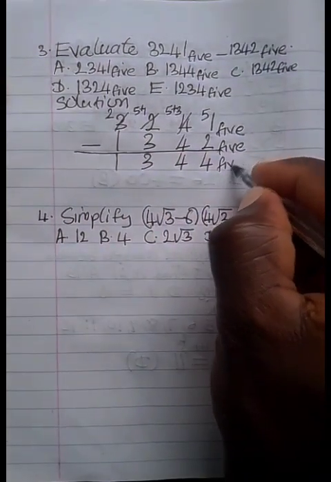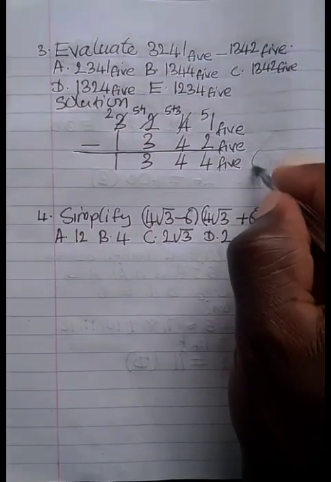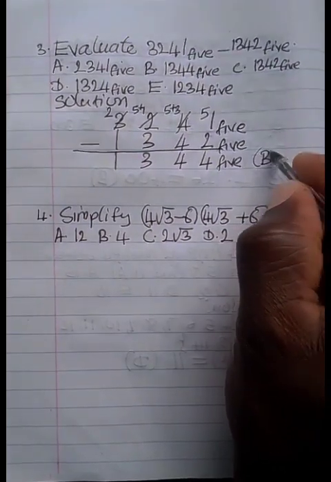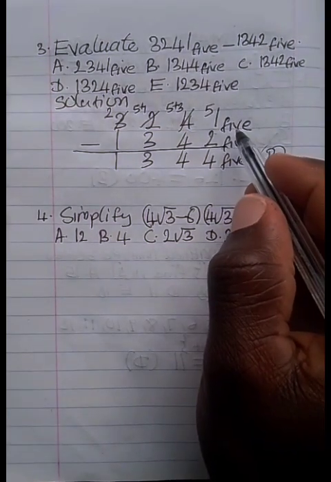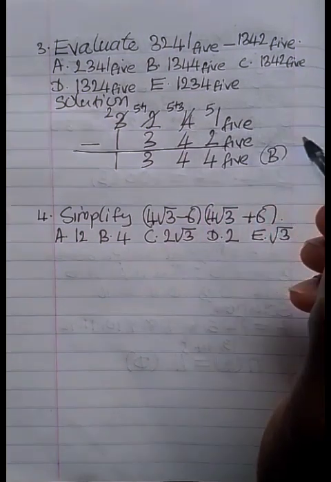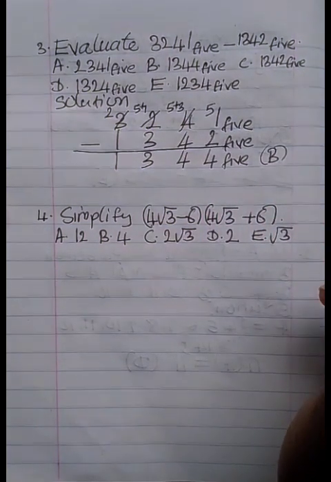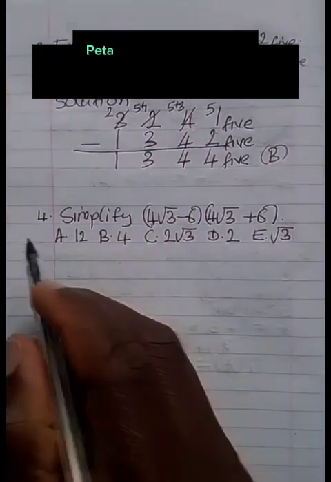So the answer is 1, 3, 4, 4. That is B option. If the base here were to be 4, any one you borrow is equivalent to 4. That is the rule. Okay?